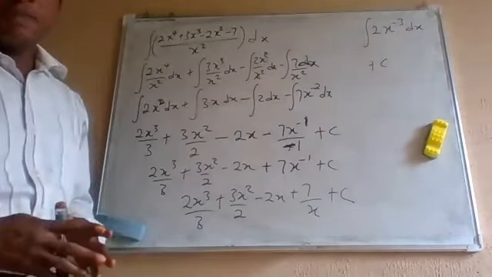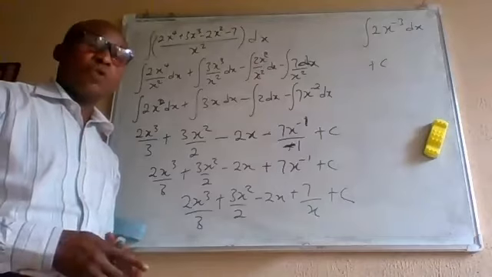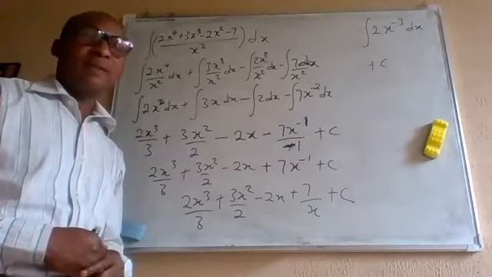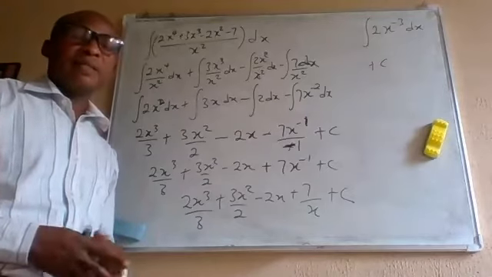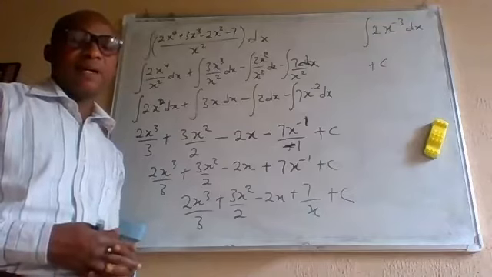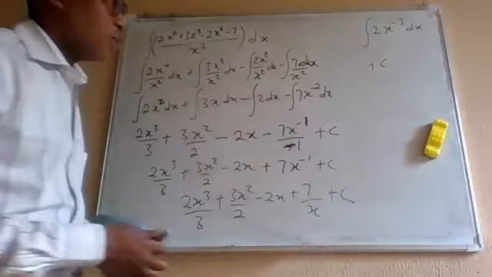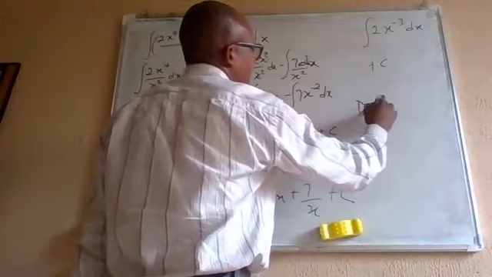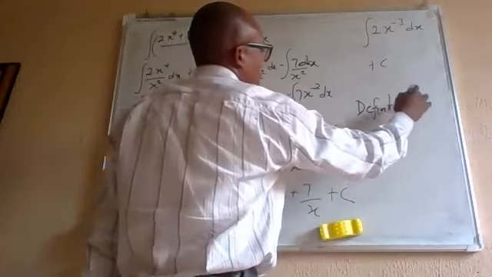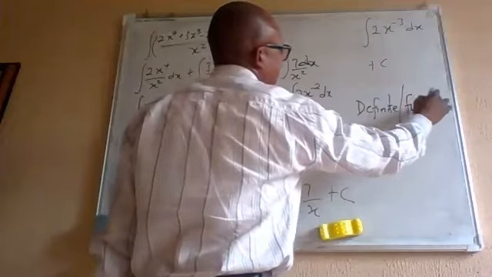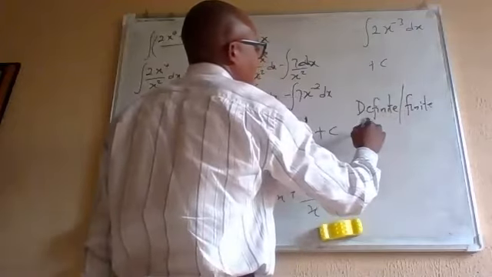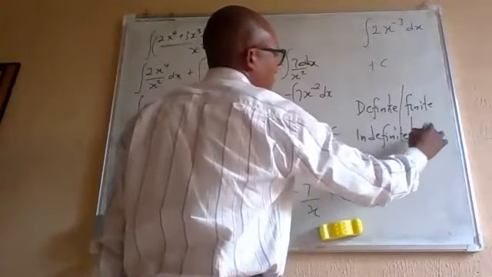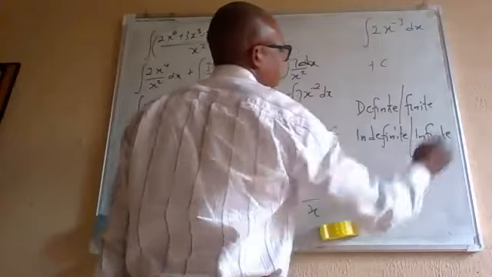So integration basically can be classified into two. We have what we call definite integral and indefinite integral. Some will say finite integral and infinite integral. So I said integration can be classified into two: that is definite or finite integral, or you say indefinite or infinite integral.